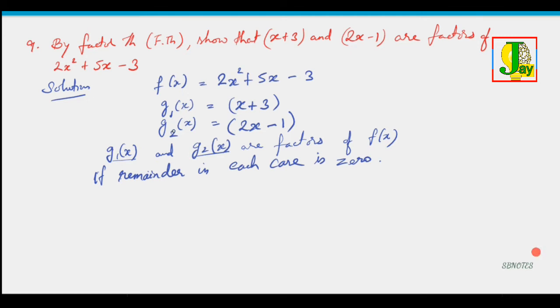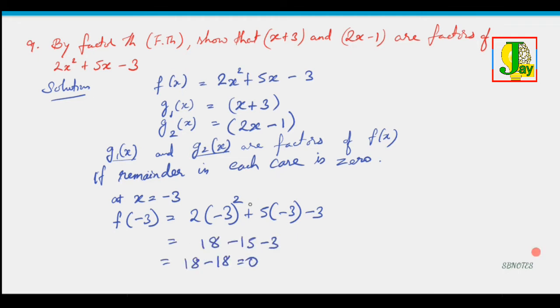So in the first one, at x plus a, a is minus 3 here. At x equals minus 3, f(x) becomes f of minus 3 equals 2 into minus 3 square plus 5 into minus 3 minus 3.